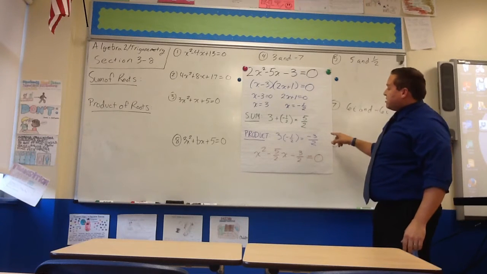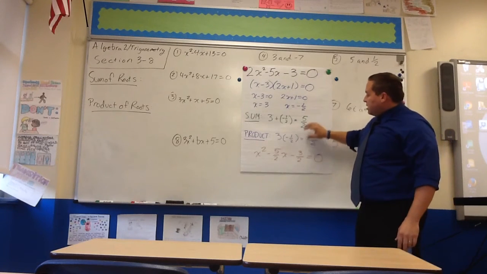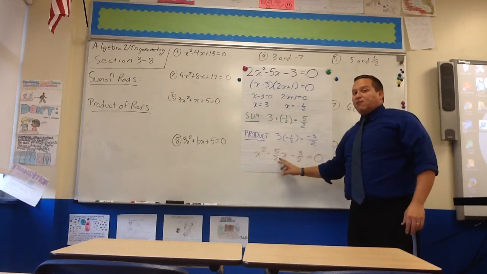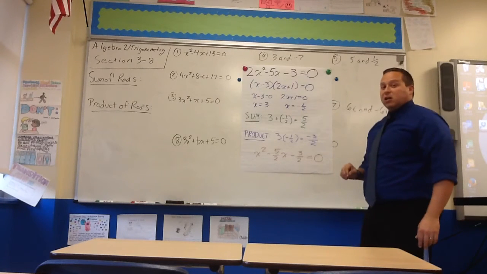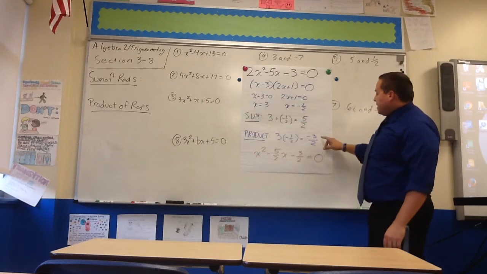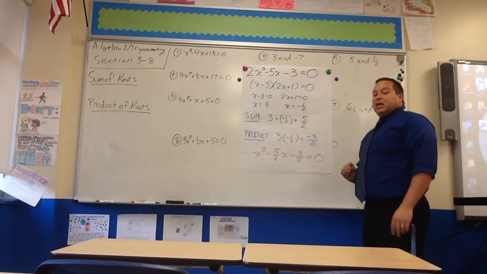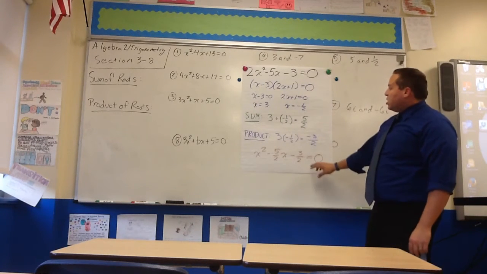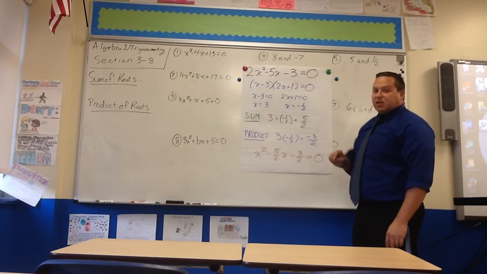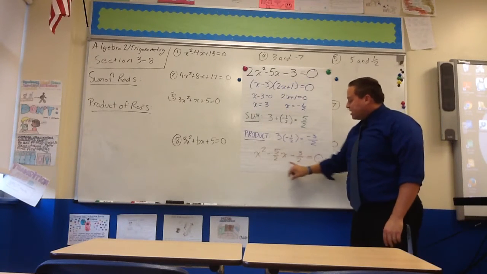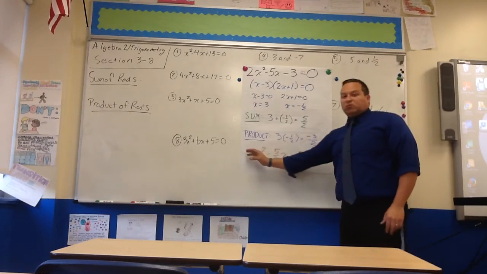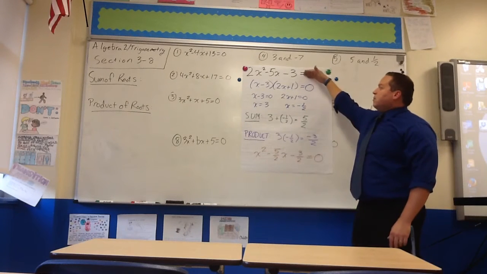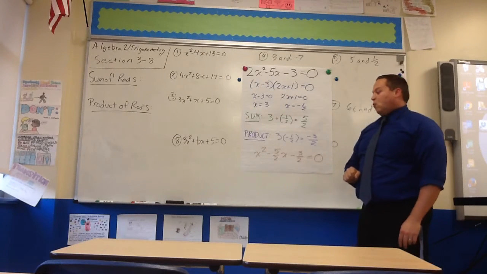Now notice, if I put this sum in front of the x term in a standard quadratic form, and this negative 3 over 2 as the constant term, it looks similar to this one, except the 2 is in the denominator. So if I just multiplied everything by 2, it would become that same exact form.